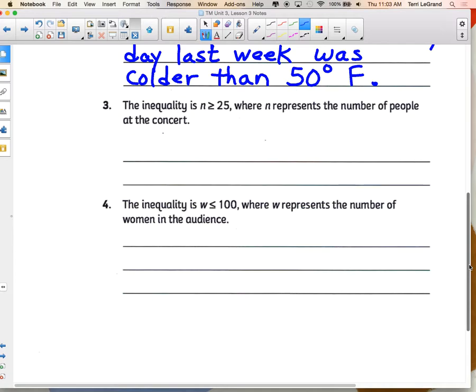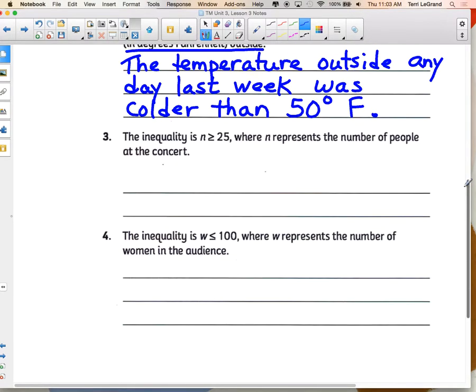The inequality is N is greater than or equal to 25. So there's our inequality, where N represents the number of people at the concert. They're really setting this up for us here, aren't they?